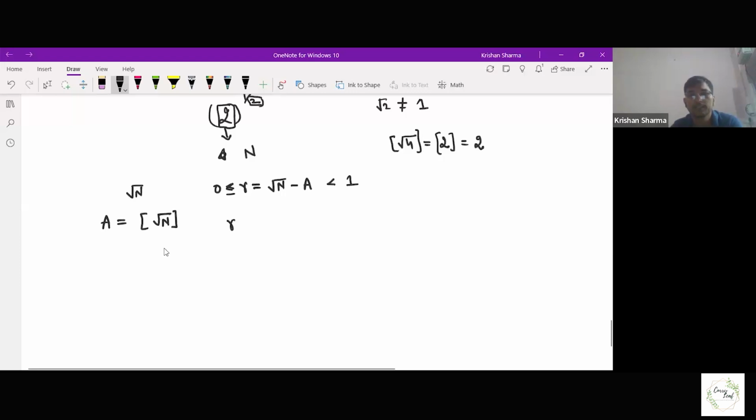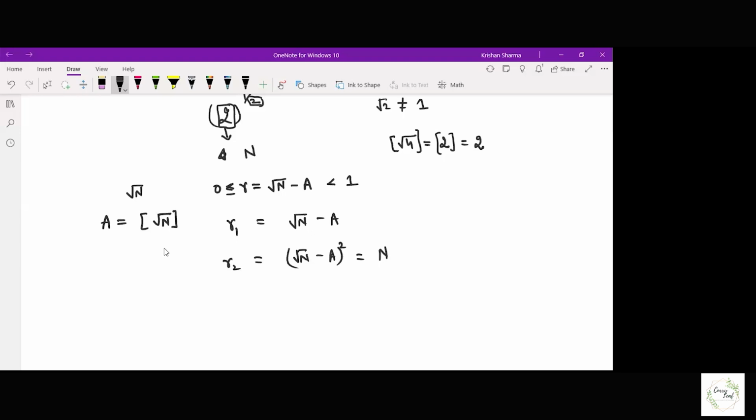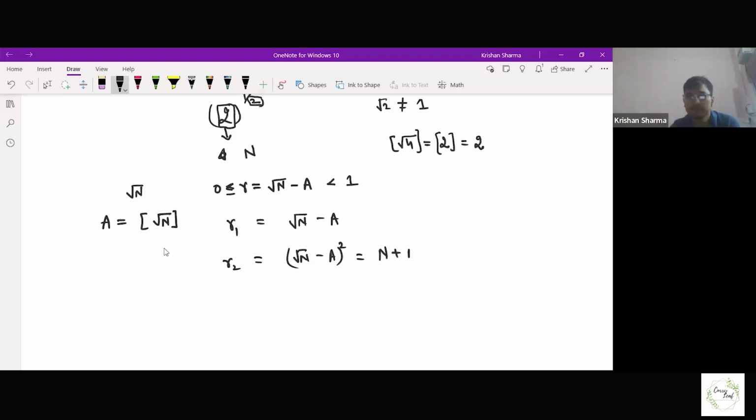Now, take R1. Again, that will be square root of n minus a. R2, well, square of that, (square root of n minus a) whole square, and that will give us n plus a square minus 2a square root of n. Now, if you take R3, that will be (square root of n minus a) whole cube.